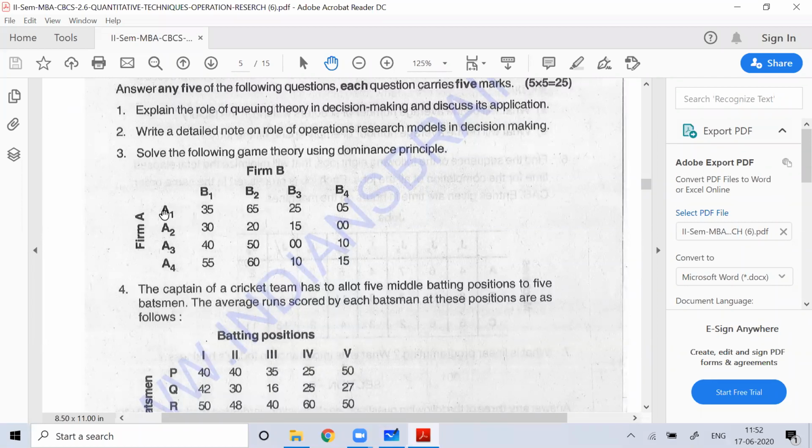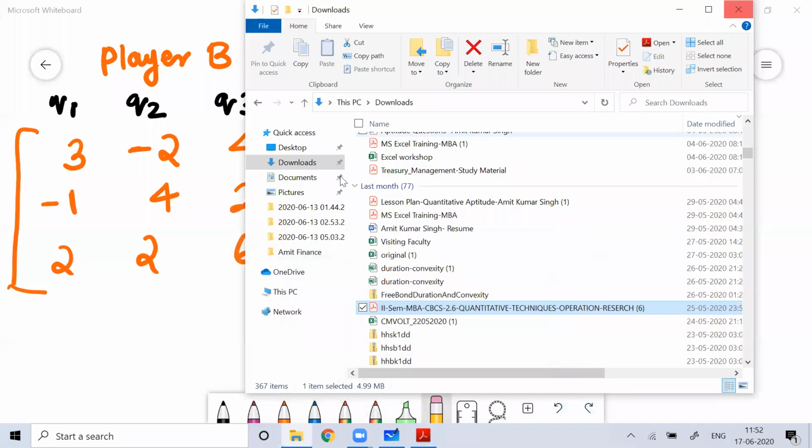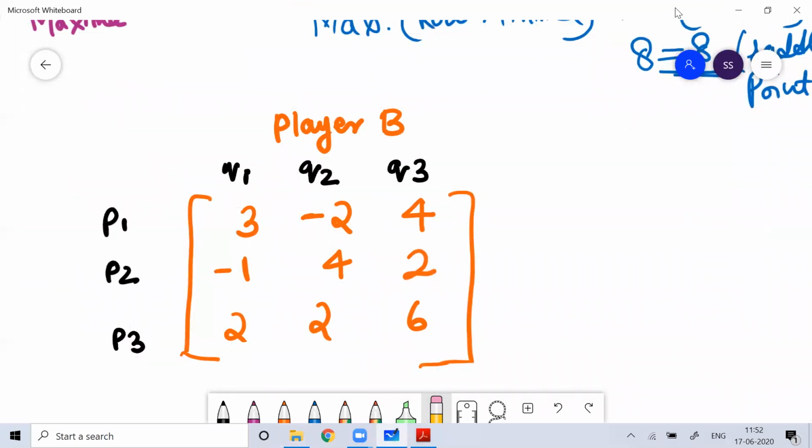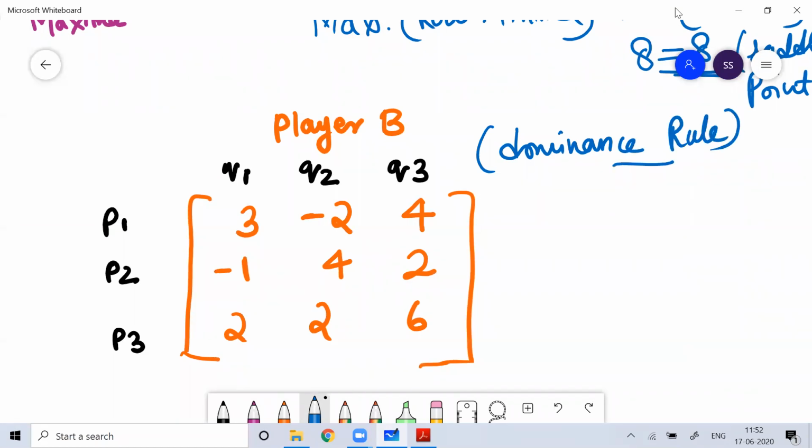In the exam also, they will expect you to solve the problem by using the dominance rule. So this kind of problem will be solved by using the dominance rule.